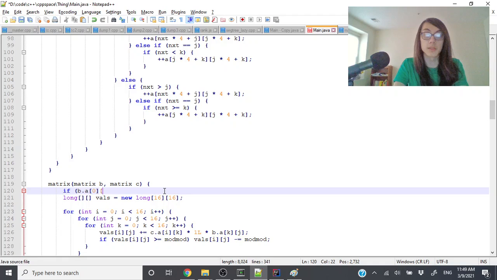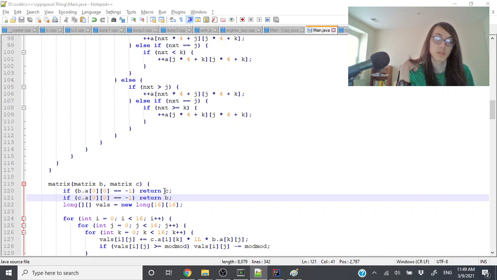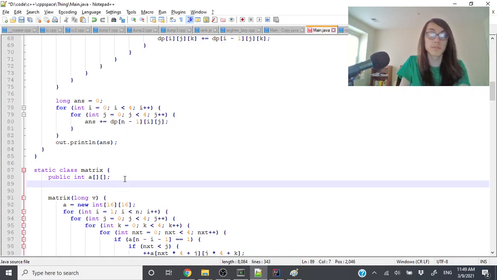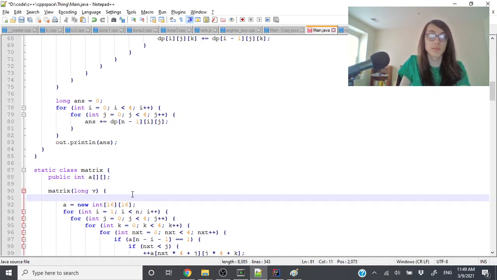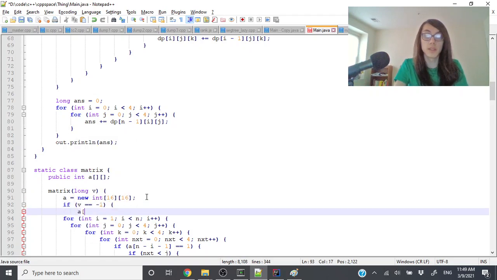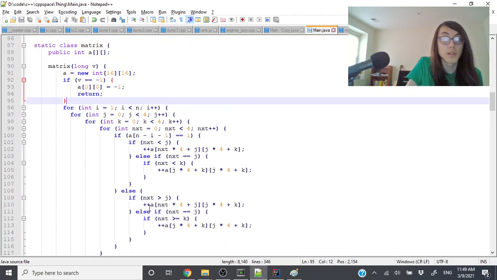If b dot a 0, 0 is equal to -1, return C. If v is equal to -1, okay.